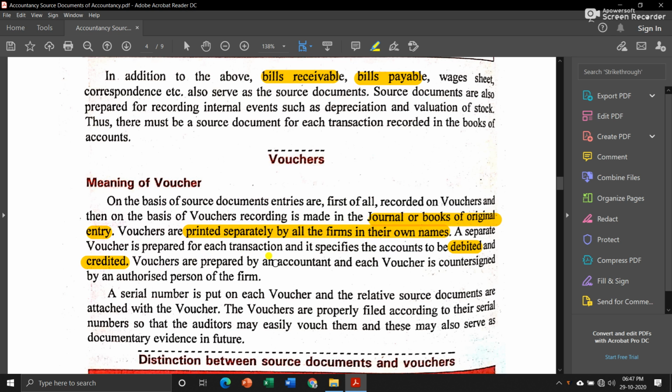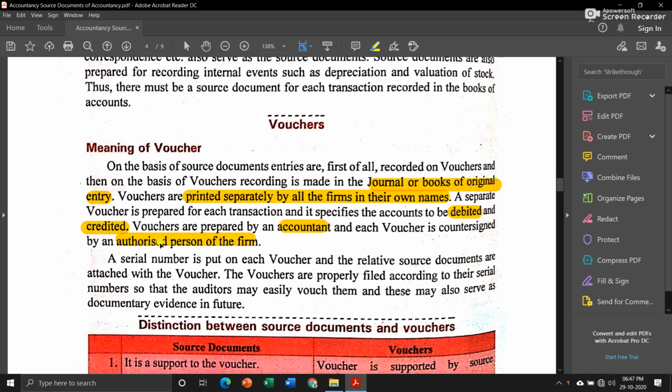After vouchers are prepared, it is prepared by an accountant, and each voucher is signed by an authorized person of the firm. A serial number is put on each voucher, and the relative source documents are attached with the voucher. Suppose you have made a cash sale, then you have made one cash memo.